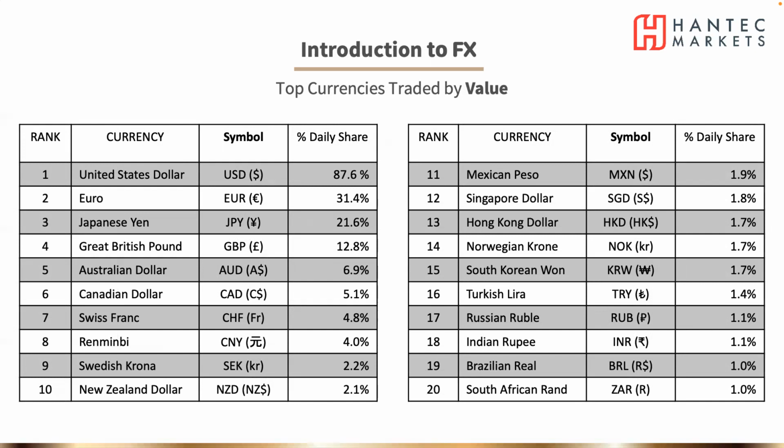So that's why the highest percentage of daily market share is traded through US dollar. You then have Euro, Japanese yen, the pound. These are all examples of currencies that are used to trade in the global financial markets. And then I'll go into a little bit more detail in my next slide as to what it actually means to be trading in these currencies.